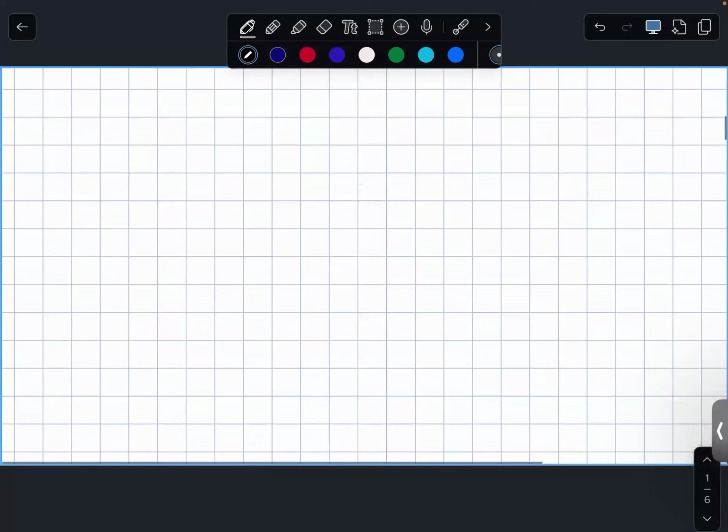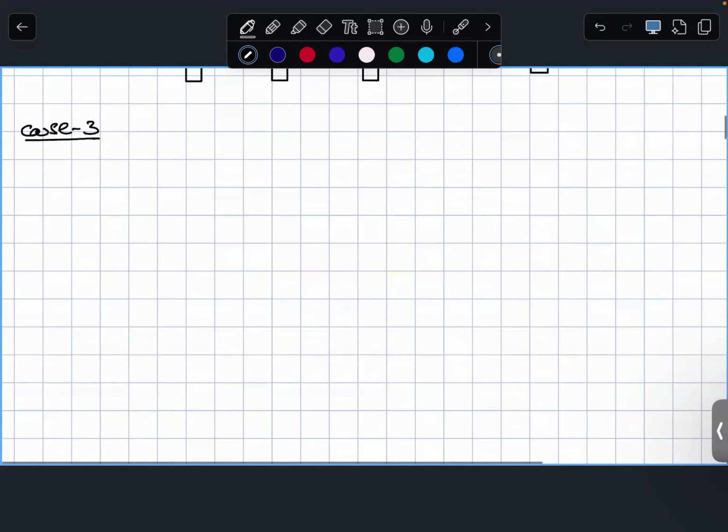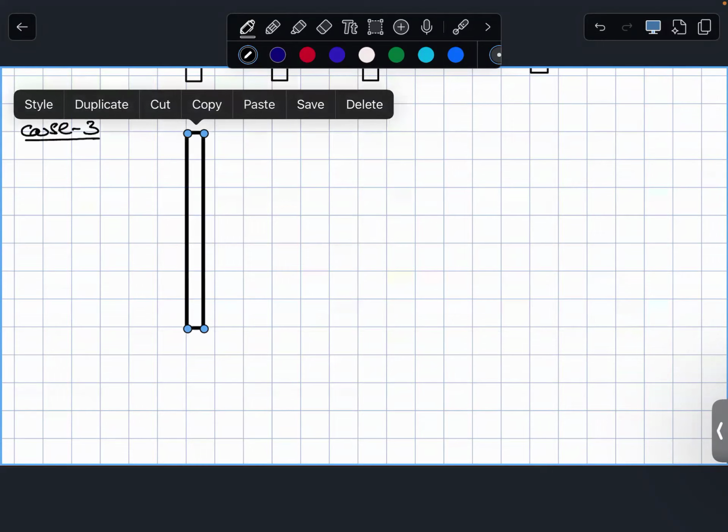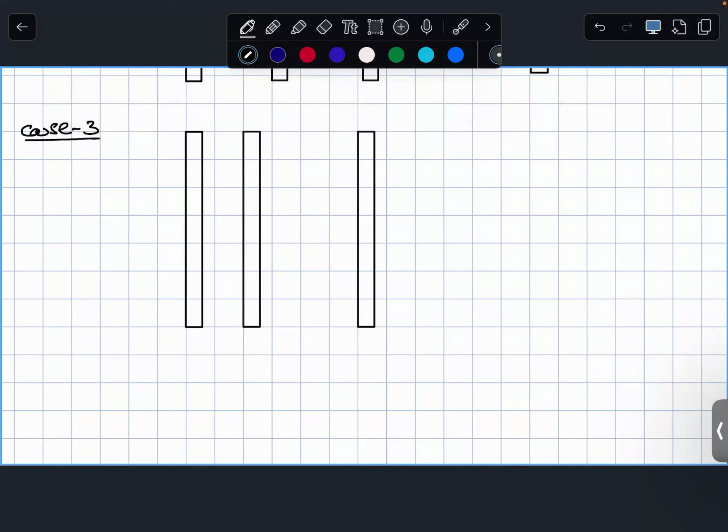Now a change. Now what I am going to do is, there is a provision to connect it to earth.